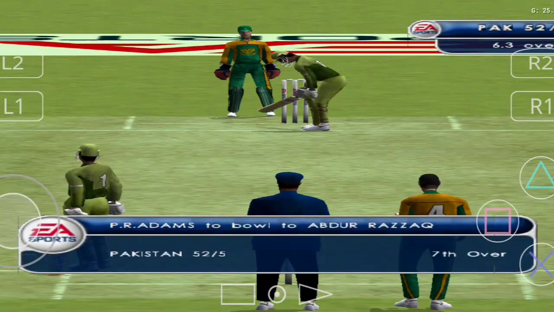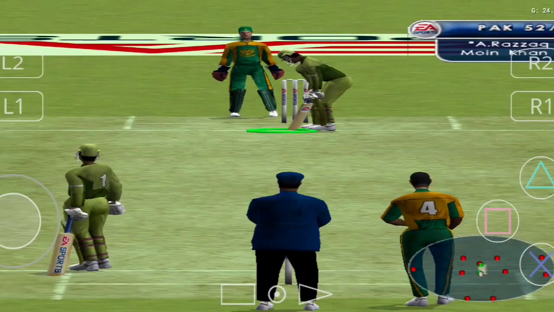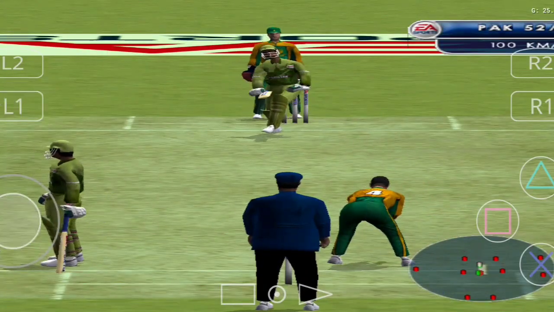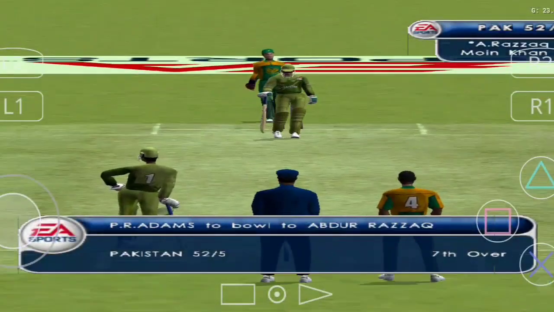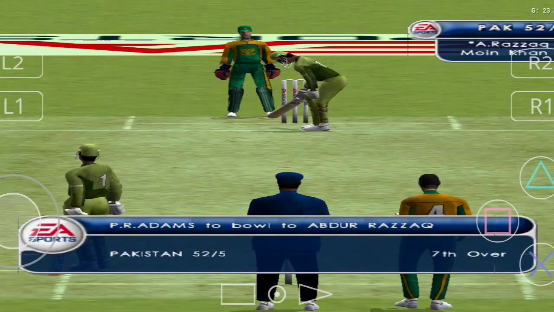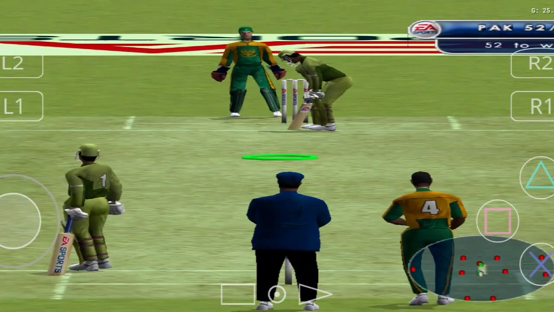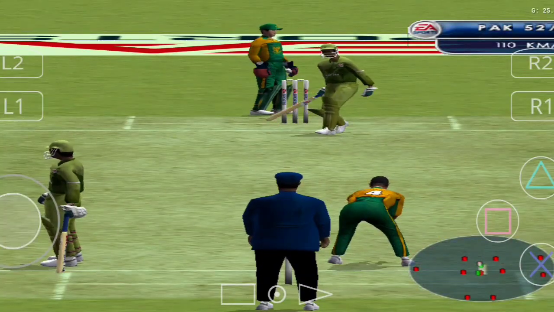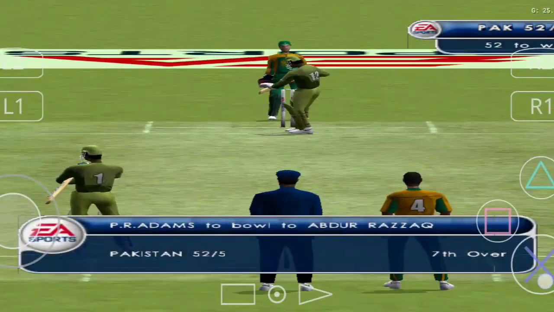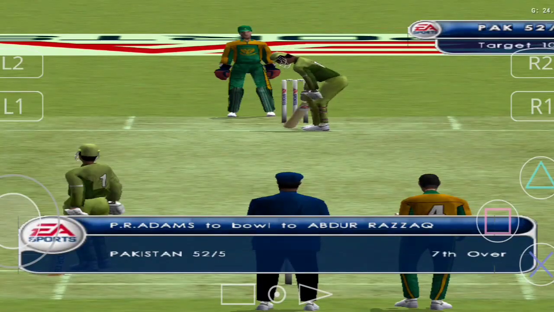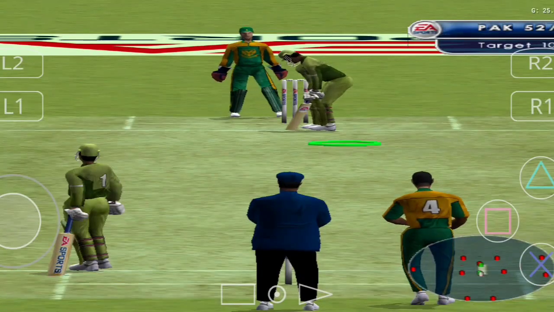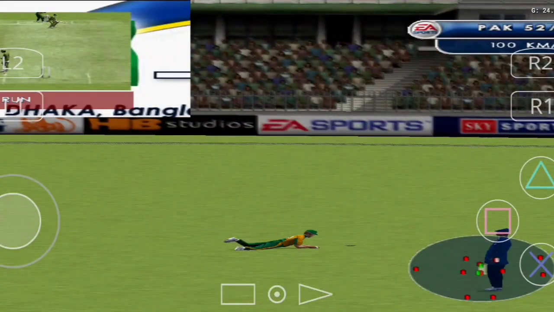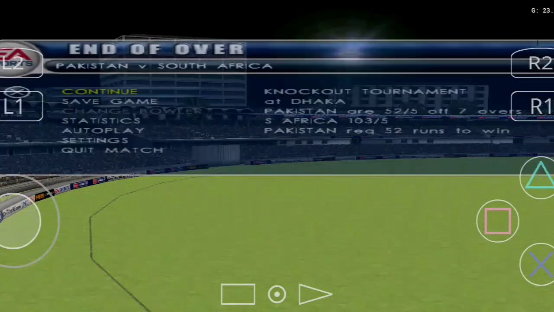Adams to Nethersx. Well bowled. Well played, but the fielder will cut that one off.